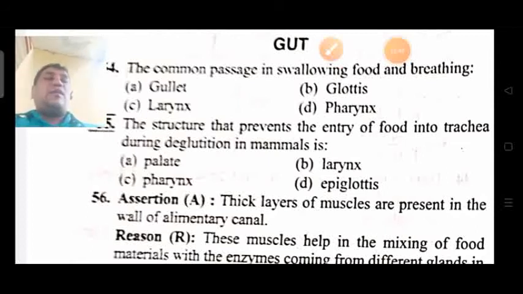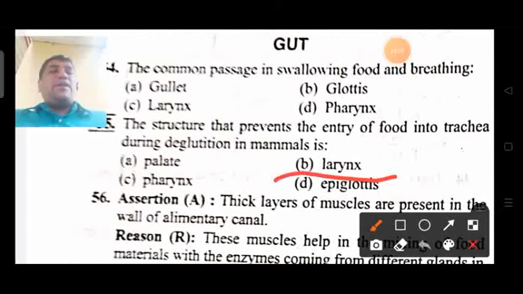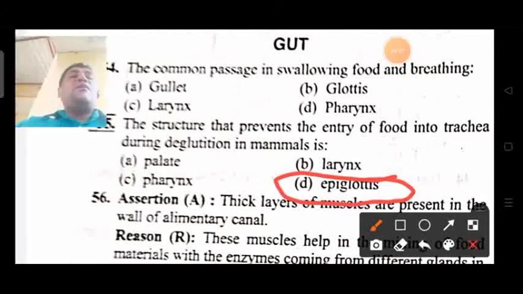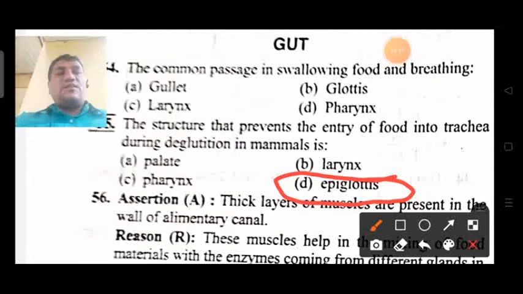Here the epiglottis is a flap-like structure which prevents the entry of food into the respiratory tract and makes the food move into the esophagus. So the epiglottis prevents the entry of food into the trachea during deglutition.